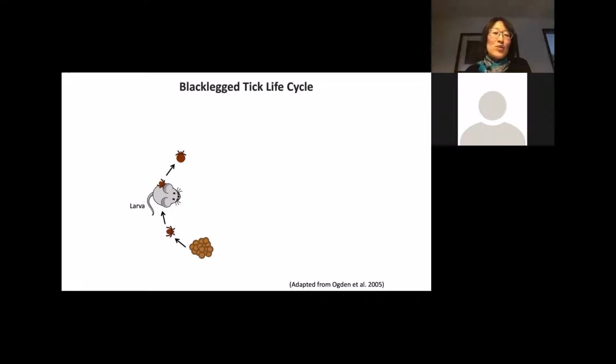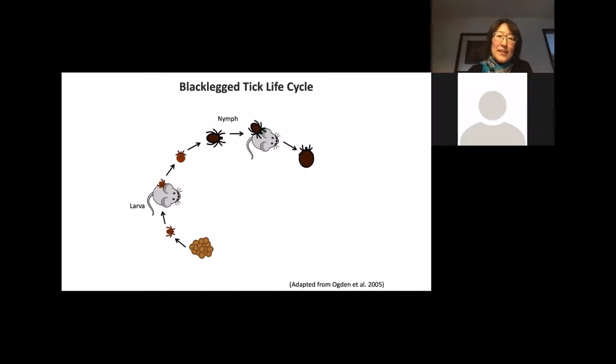They take their blood meal from the host, and a larval Ixodes scapularis tick probably feeds about 3 to 5 days, depending on potentially what kind of host it is. Then it detaches, and it's an engorged tick, and it falls into the leaf litter, and then it will molt into a flat nymph.